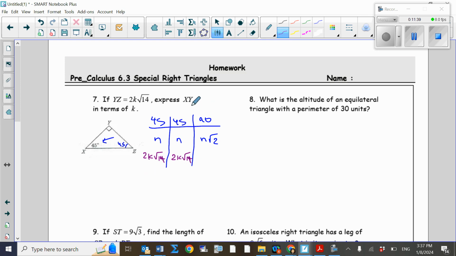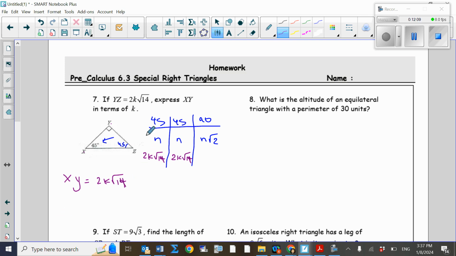We're looking for xy, this side. Well, this is obvious here because whatever this side is, it's equal to the other one as well. So I can say xy is equal to 2k root 14. It's just the same thing that we have because they're equal to each other.